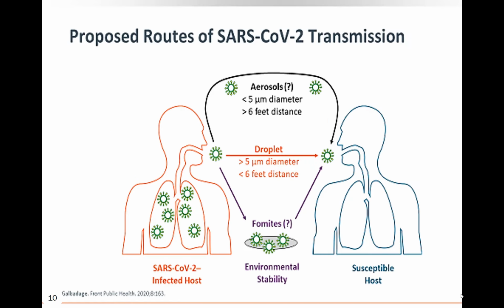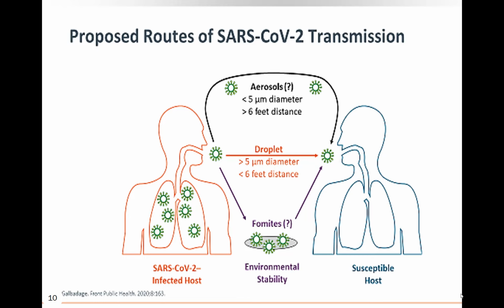So how does SARS-CoV-2 spread? As we discussed before, probably the most important route of transmission is droplet spread. So these are larger particles that travel less than 6 feet. There is some evidence of aerosol spread, so these are smaller particles which travel further.